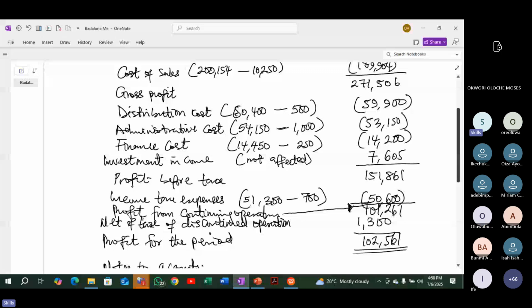Advice: once you know what you are doing, just plus or minus, then you are good to go. And let me even shock you again. Where one particular criterion is not met, for example the examiner mentions there is no active buyer, does that asset meet the criteria of discontinued operation?